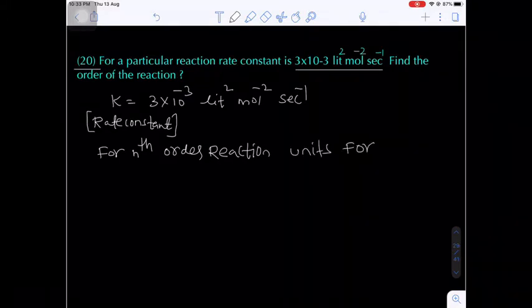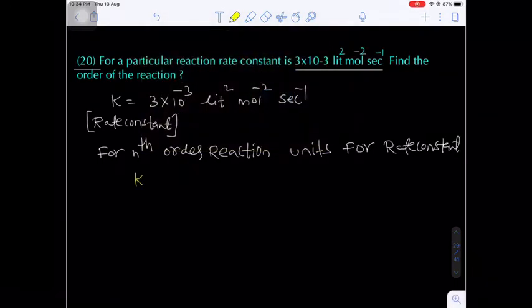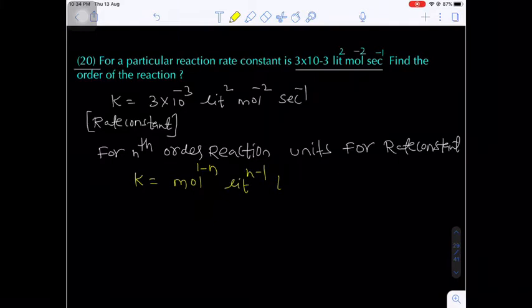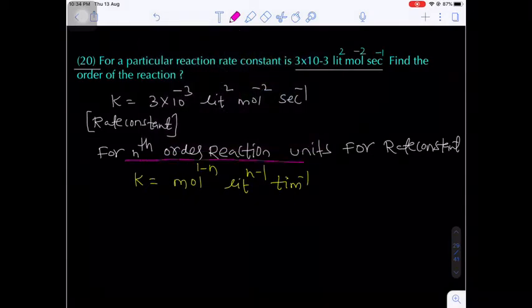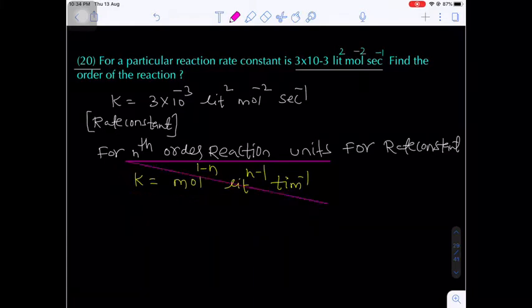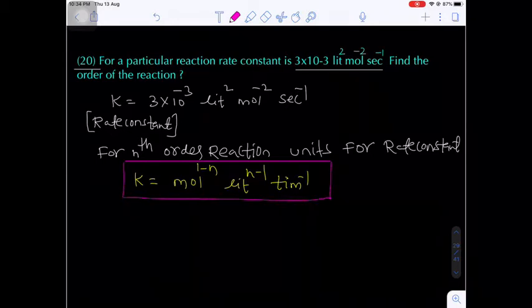Rate constant units: K is equal to mole to the power 1 minus n, liter to the power n minus 1, time inverse. So this is a very important relation between the rate constant units. Here n is the order of the reaction.